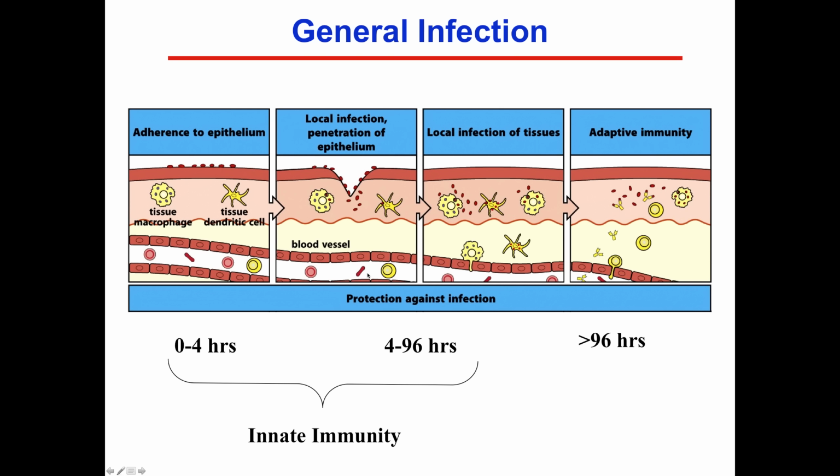So if we look at this from the standpoint of what happens during a general infection, let's just take a point where we have someone with a cut or a break in the skin. In the first 0 to 4 hours, here's some bacteria on the surface of the skin.